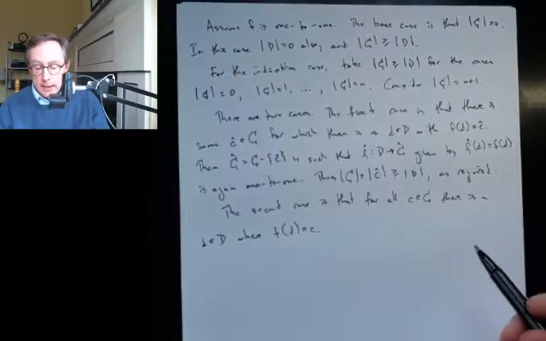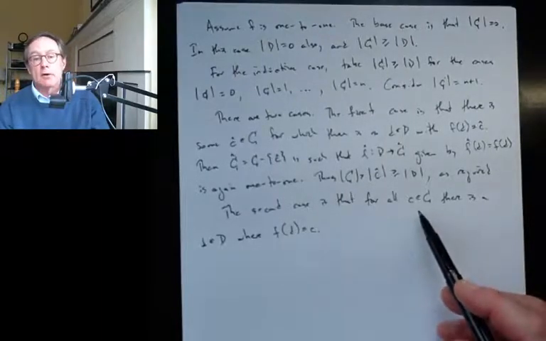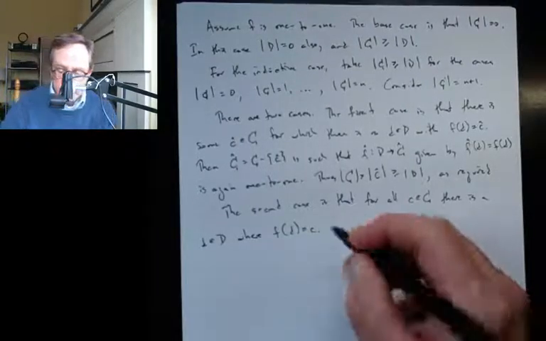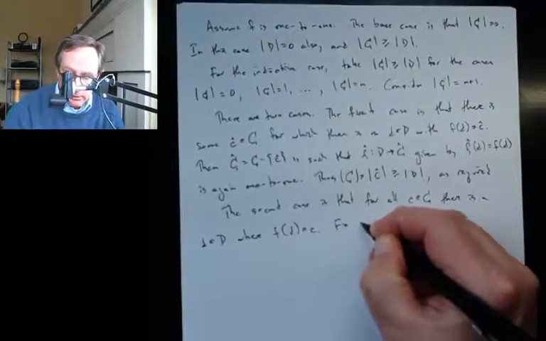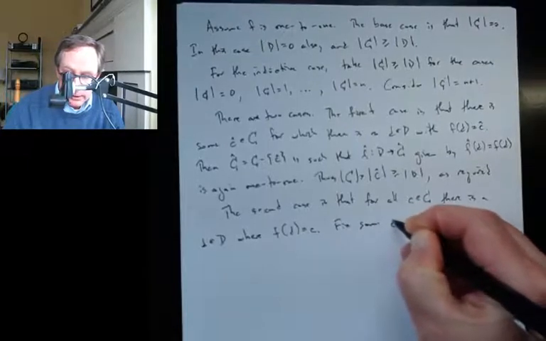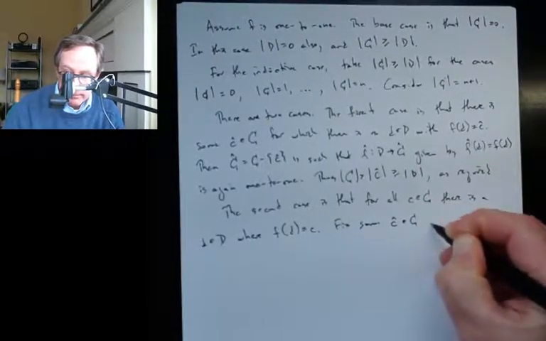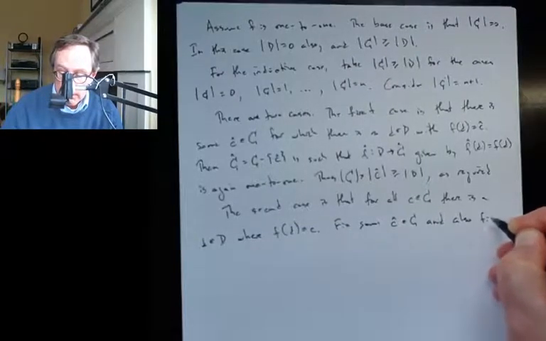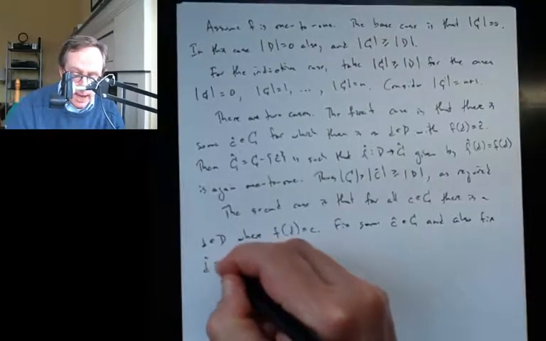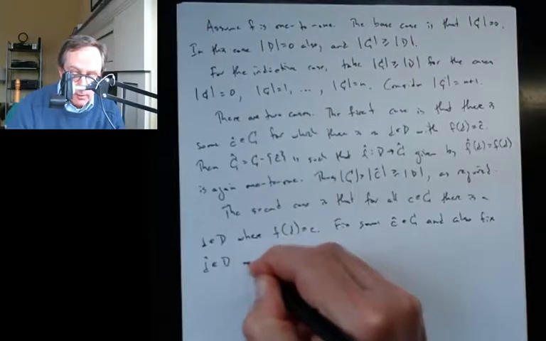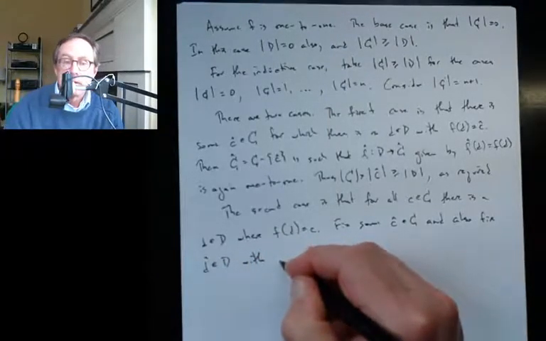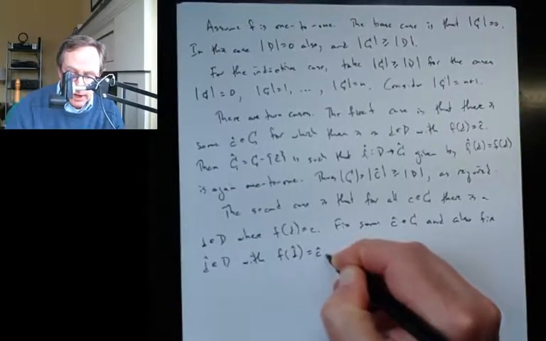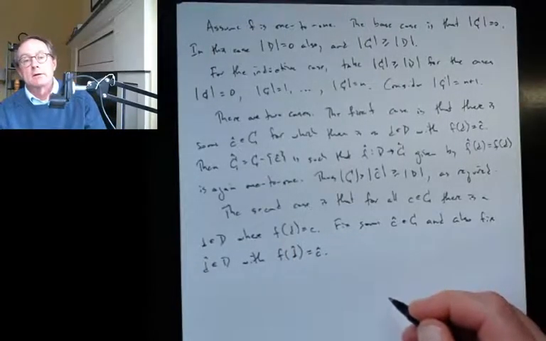So my idea here is to pick a particular element of capital C, erase it, and erase the associated D. Fix some C hat in capital C, and also fix D hat in capital D with f of D hat equals C hat. Find the D that maps to C hat.